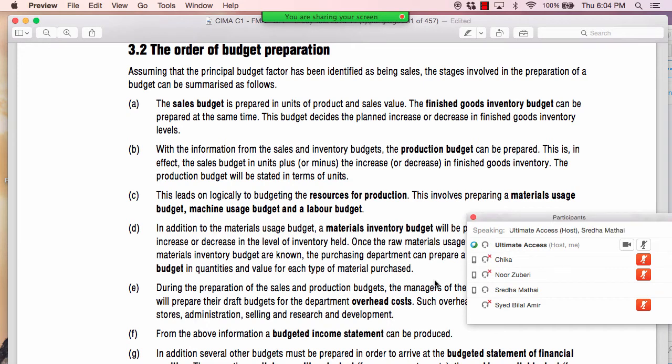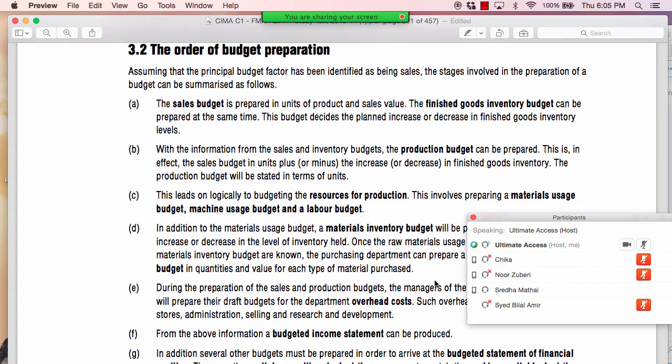Now look at the way we worked at it. We worked at it from our sales, right? So the sales budget is what we're starting with, because that's the thing that's going to drive. Similarly, you told me you're going to open another restaurant. So how would we plan our restaurant expenditure?